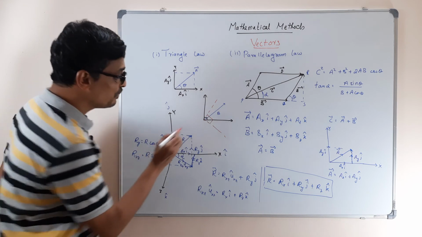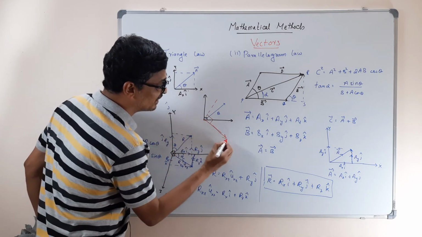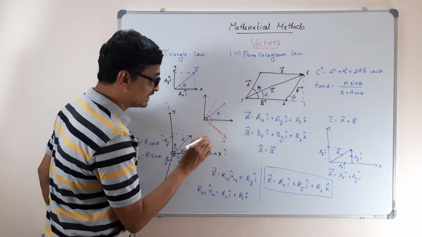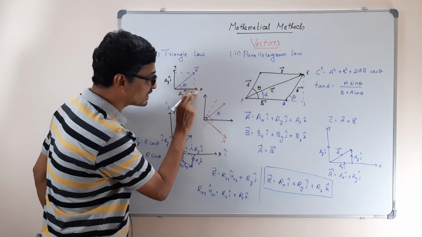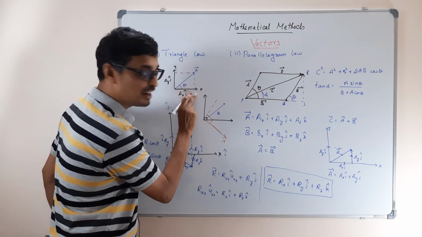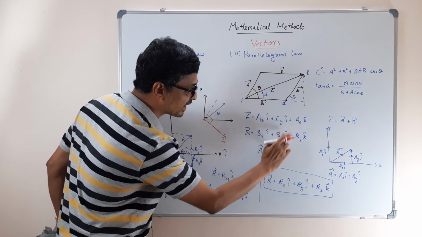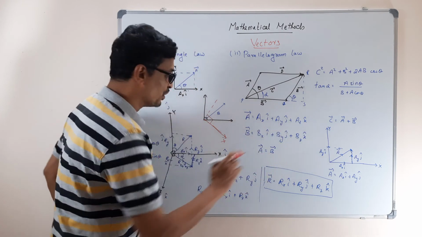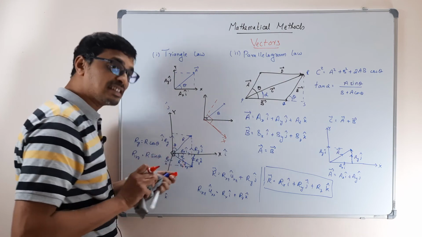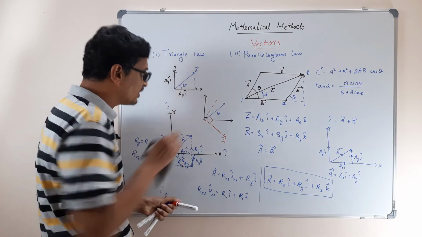Why is that not allowed? If I call this x, then it is not in the same direction as this. Remember, I have to resolve it in the same directions: i cap, j cap, k cap. So that's why this is not allowed.